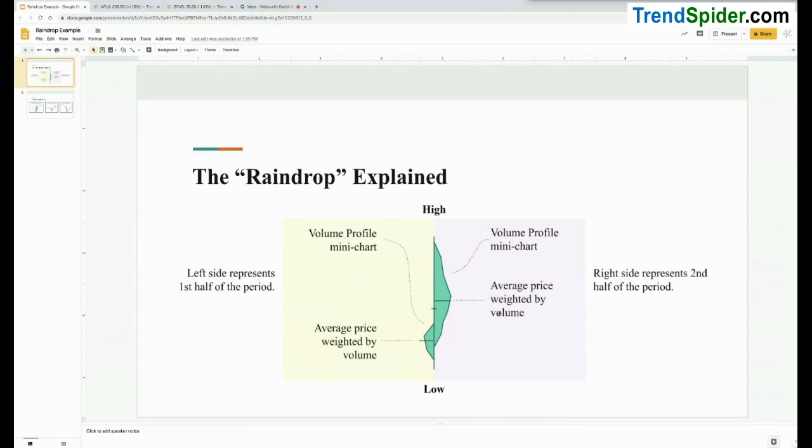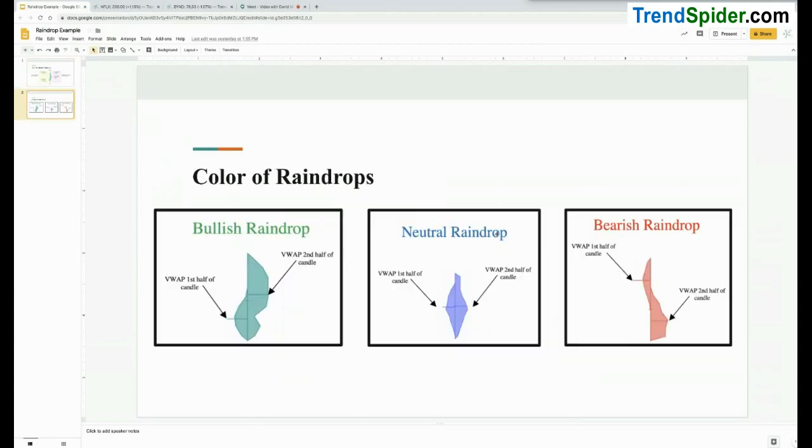In this particular case, we've got a green raindrop, but there are two other colors here. We've got a neutral raindrop, which can be a possible reversal candle, as well as a confirmation of the trend. There's a lot of different examples of that. I'm not going to go too deep into the blue raindrop in this case study. We're going to go over more of the bullish raindrop.